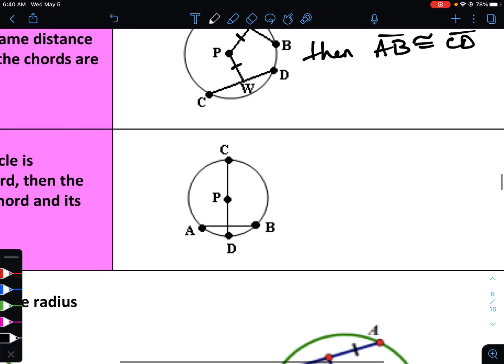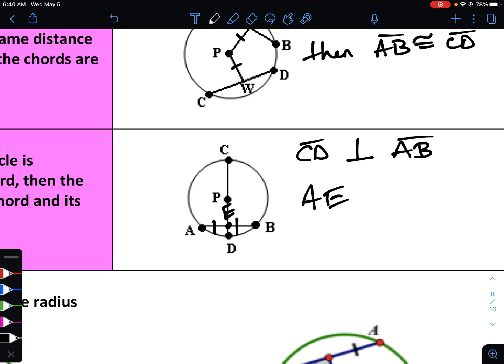In other words, if we knew that CD was perpendicular, and for perpendicular we use this symbol, to AB, then what we'd be able to say is that these two segments were equal to each other. In other words, if we called this some other point, we'll just call it E, then we could say that AE is congruent to BE.